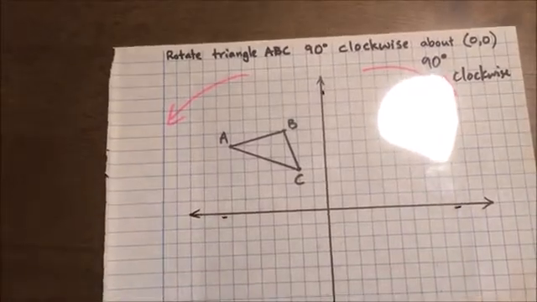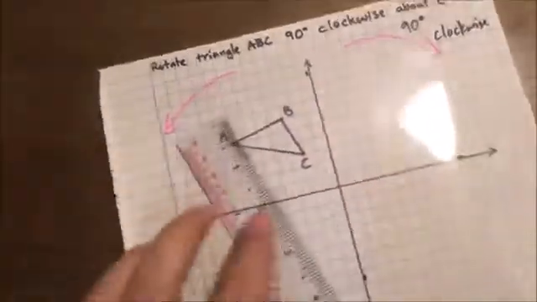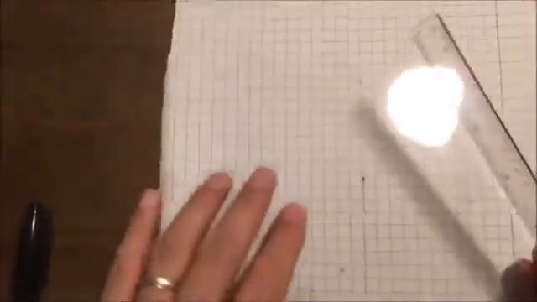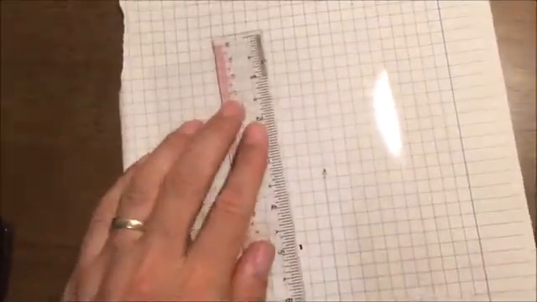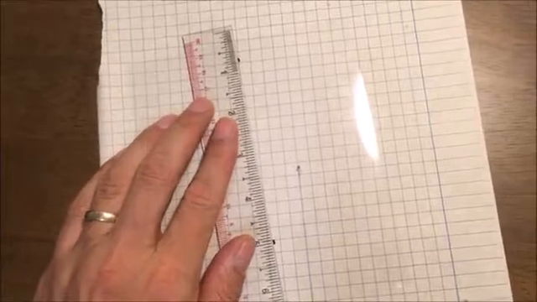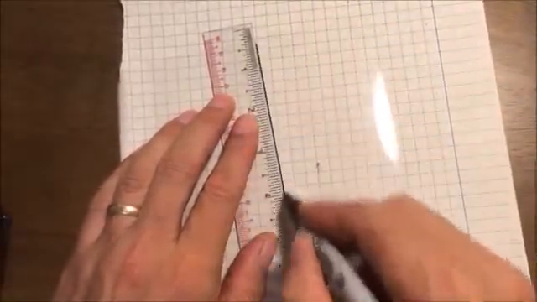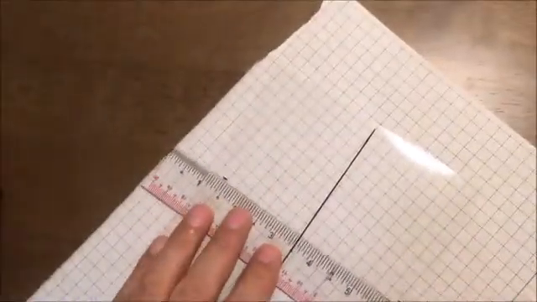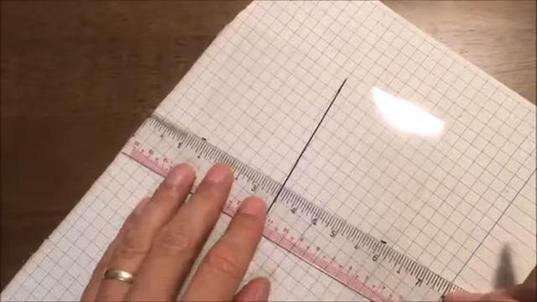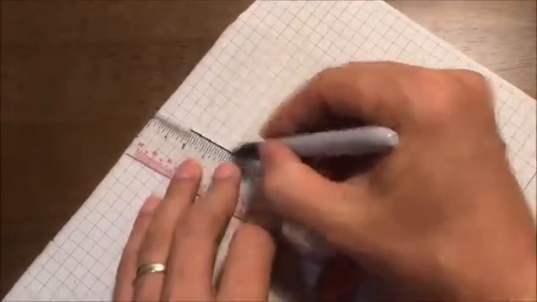And you draw, make that a bit clearer for you, you draw the axes in. So you replicate the axis from the question. There's one axis, and here's the second axis. So now we have our own version of the axis.